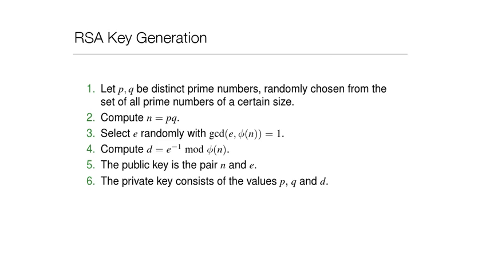And then randomly select an e value such that the GCD, greatest common divisor, of e and Pn is 1. So this means e and Pn are relatively prime numbers.